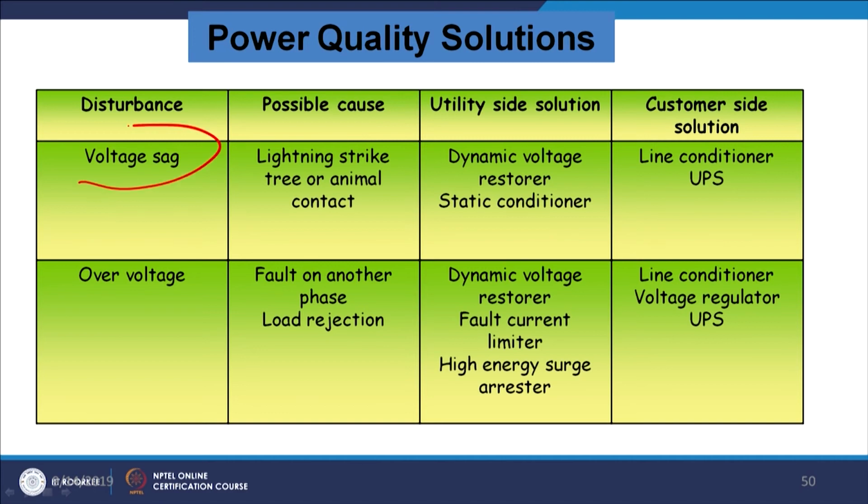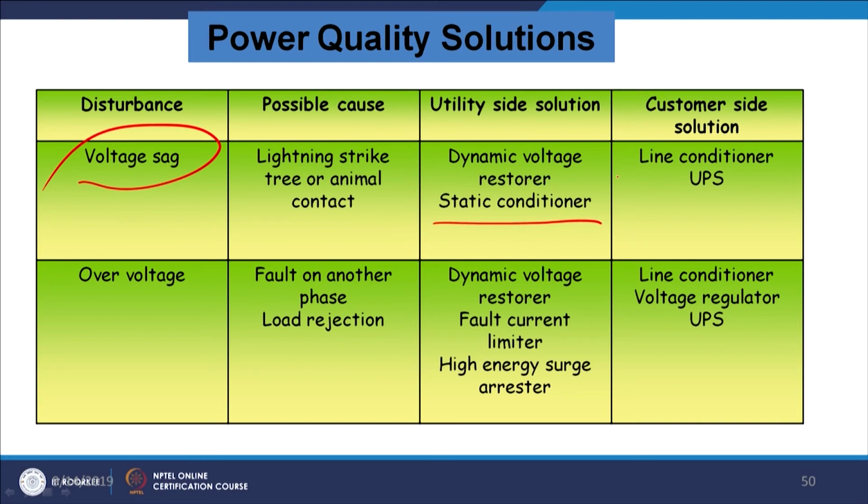If the disturbance is a voltage sag, the possible cause is lightning strikes or tree or animal contact, and the utility side solution is a dynamic voltage restorer or static voltage condenser.